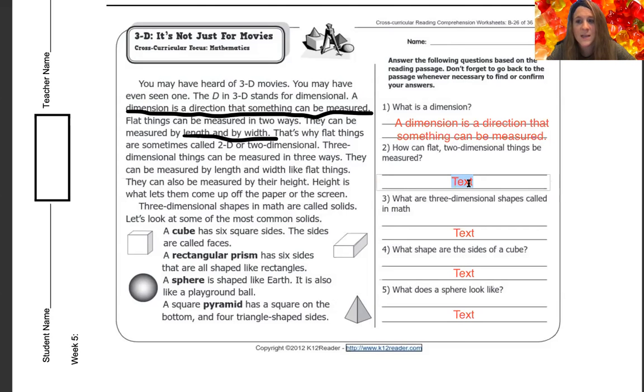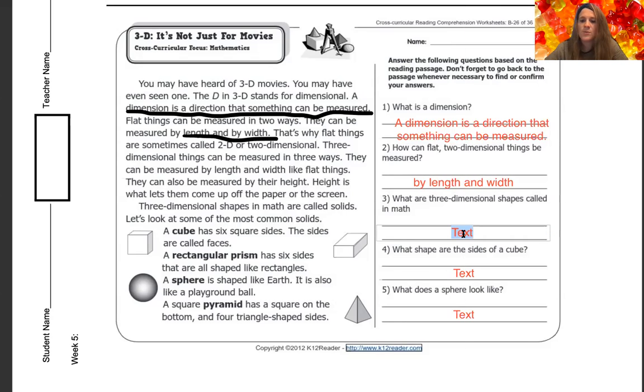We're just going to give the answer. So it says, how can flat 2-dimensional things be measured? We will say by length and width. Again, I don't want there to be not enough space for you guys to write these answers and things. So we're not going to restate all of them.